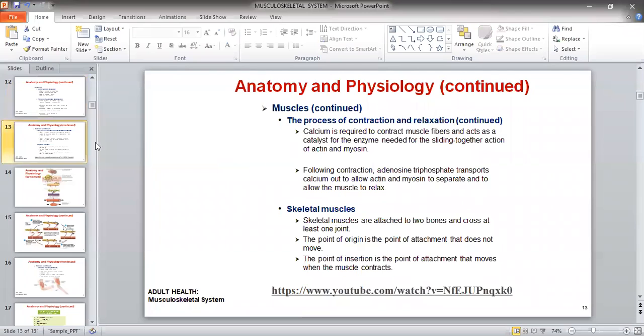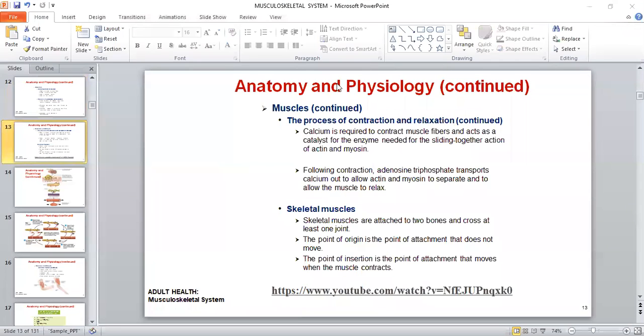And here, the process of contraction and relaxation of the muscle. So what we learned from previous, calcium play very important role for the contraction and relaxation of the muscle, right? So here, calcium is required to contract the muscle fiber and act as a catalyst.